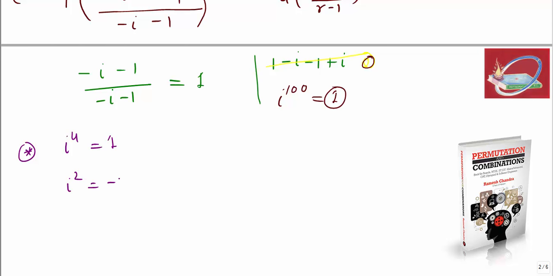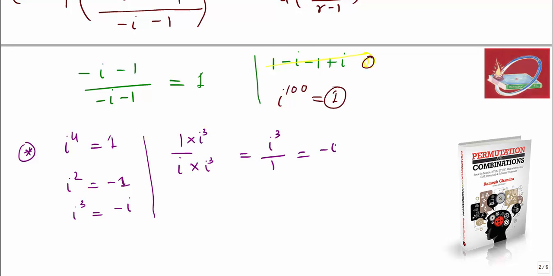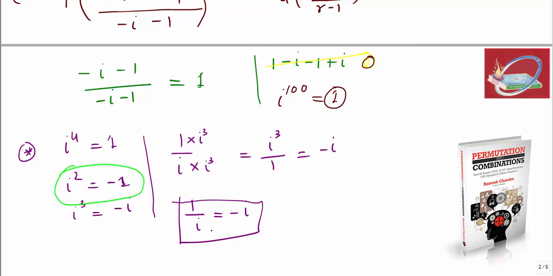I square can be written as minus 1, and I to the power 3 can be written as minus I. So if we think of 1 upon I, then we can have I to the power 3 upon 1, that is minus I. So 1 upon I can be written as minus I, or this can be derived from here as well. If you think of this, 1 upon I is equal to minus I.